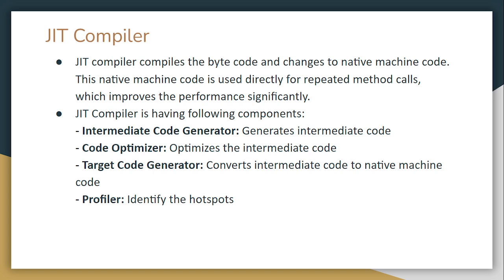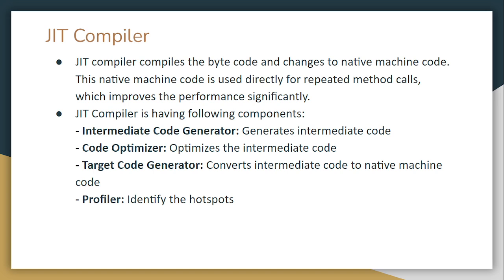JIT compiler is having multiple components. We are going to discuss each one in detail. So first is intermediate code generator. So it generates the intermediate code. Next is code optimizer. So whatever intermediate code has been generated, this code optimizer is used to optimize that intermediate code.